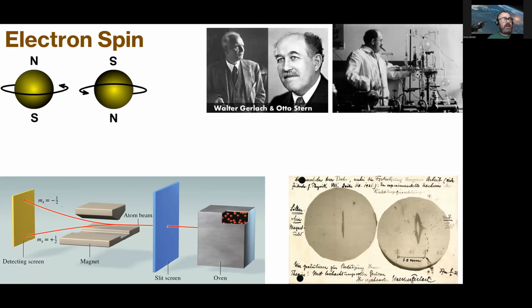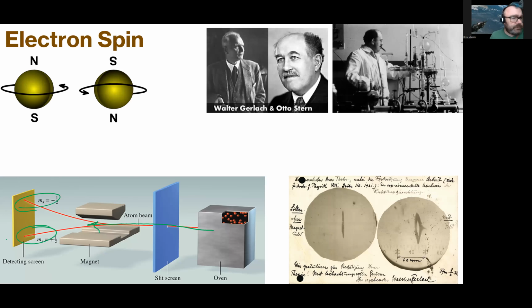This was figured out by Stern and Gerlach. They are shown here. This is a great experiment. So what they did was they fired silver atoms through a magnetic field. What they saw was that instead of going straight through or all of them going in one direction, they split and half of them went up and half of them went down.